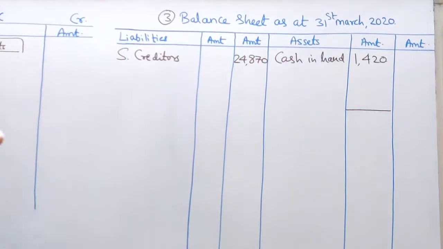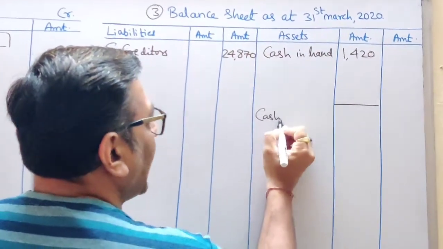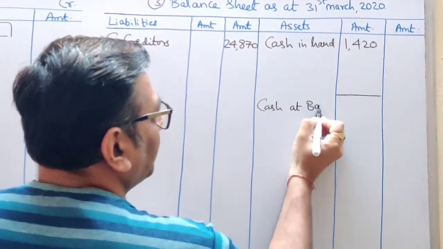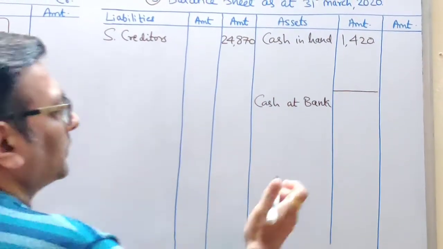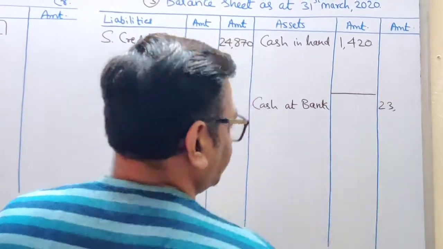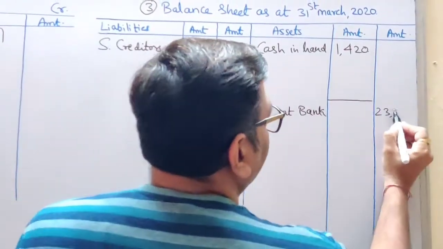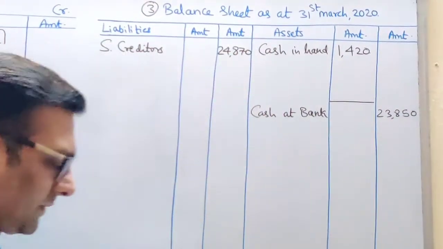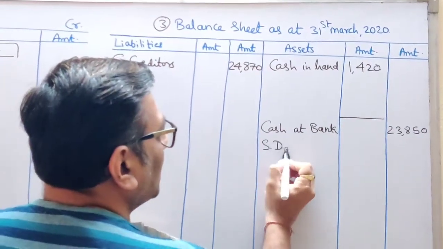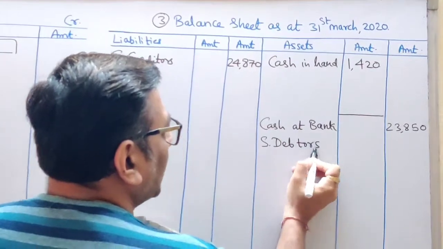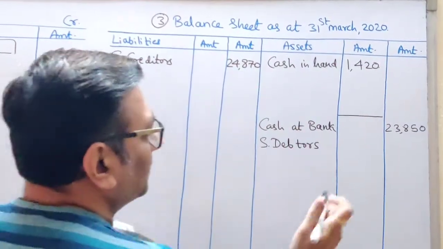Now they have also given us a bank balance, cash at bank. Okay, this I am writing in outer column, 23,850. Sundry debtors, there is a tick. So what I will do, sundry debtors' amount, I will write it in inner column.